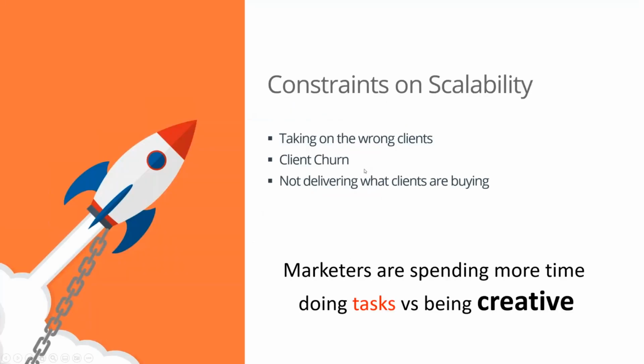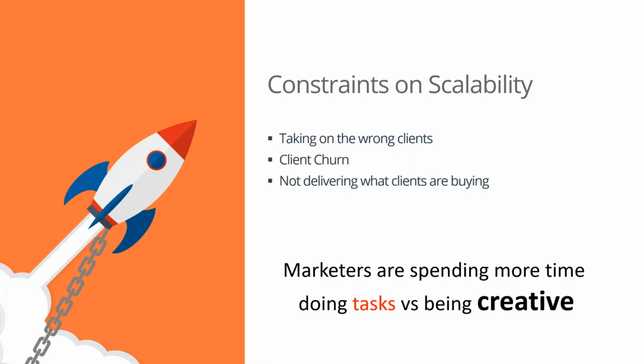And there are a couple of things that are constraining most agencies for scalability. The first one, I had a bit of an argument with myself as to whether I was going to present that, because a lot of agencies, even ourselves, it's not about the right money, it's about the right now money.